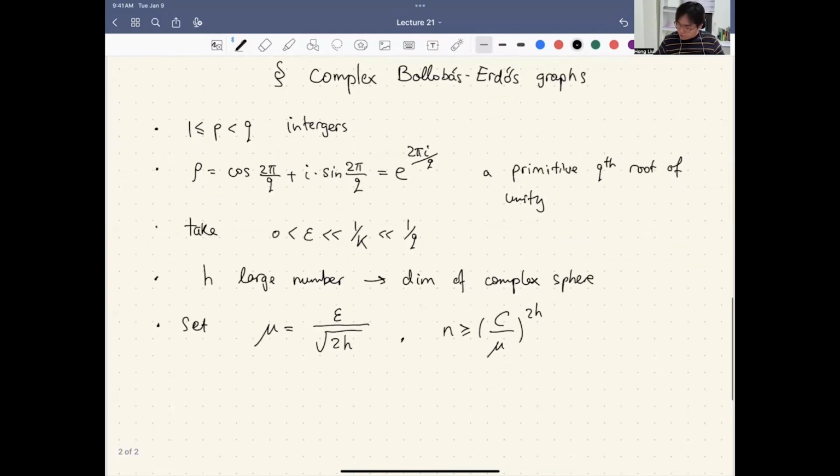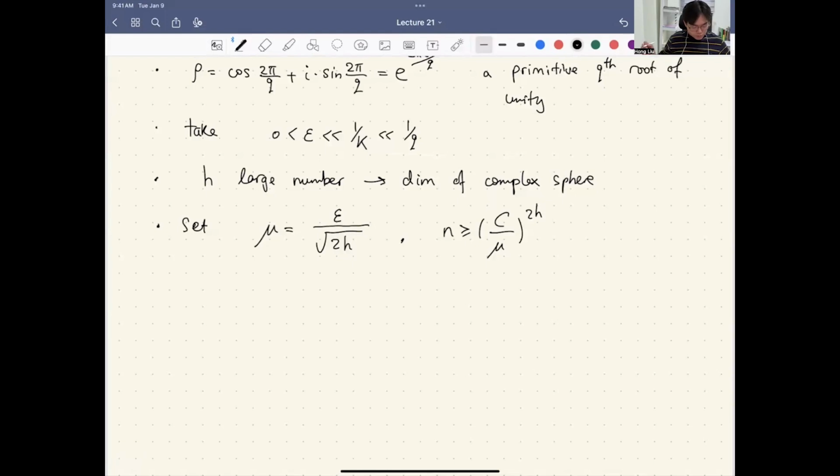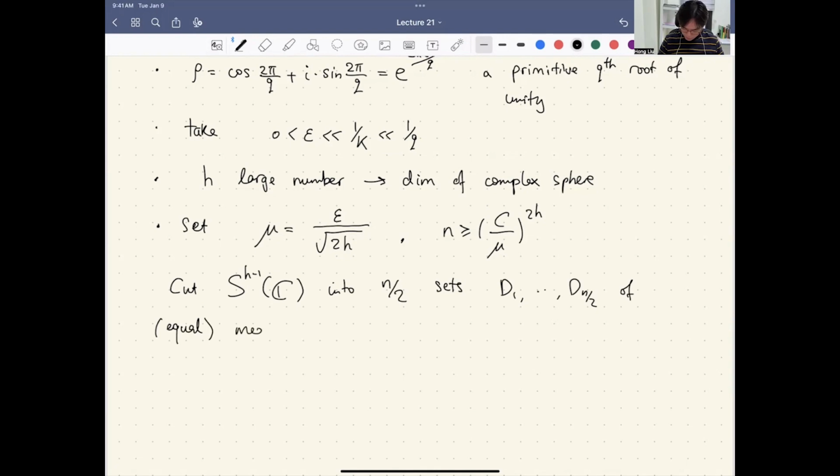Right. So by the previous lemma, the first thing we do is to cut the h dimension complex sphere into n over 2 pieces, let's call them D1 to D n over 2, of equal measure.